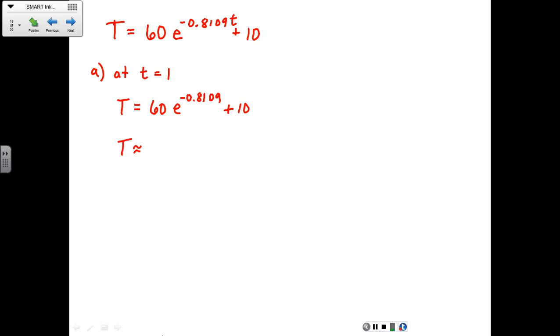So that's just a calculator problem. Just a calculator problem. So let's see here. Negative 0.8109, e to that, times 60 plus 10. What'd y'all get?